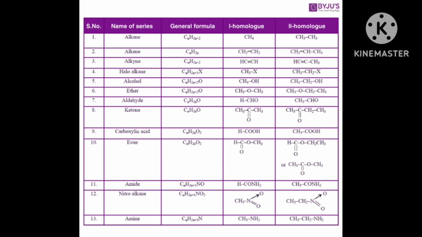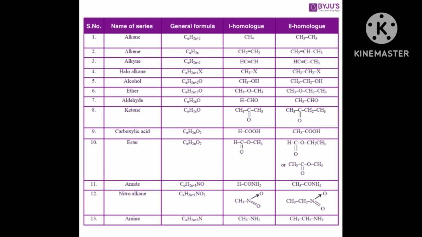Homologous series is there, and each member is called a homologue. Different groups have different homologous series, and each member is called a homologue.